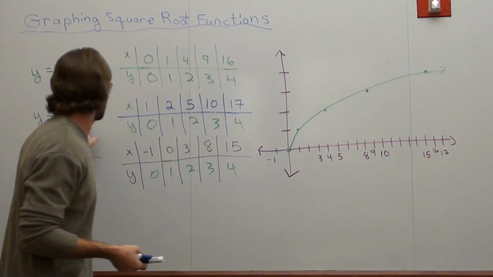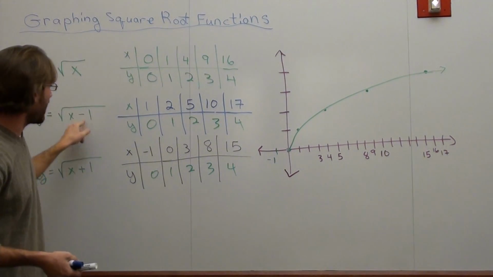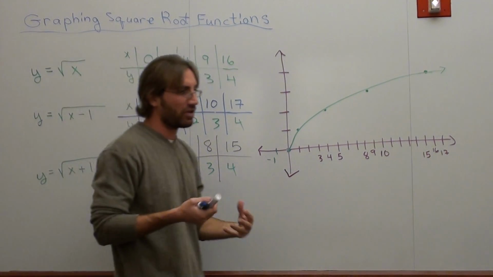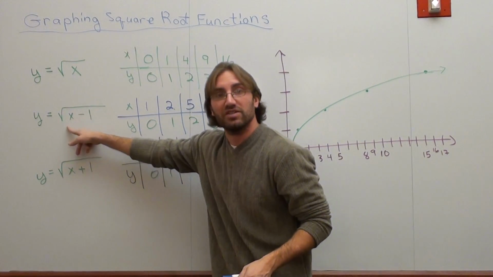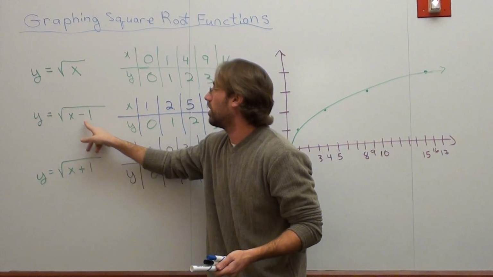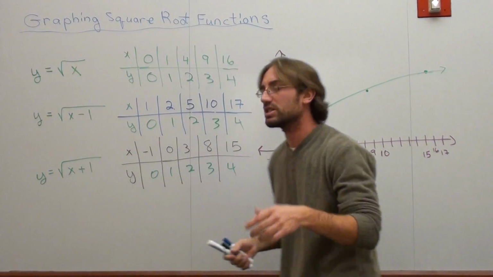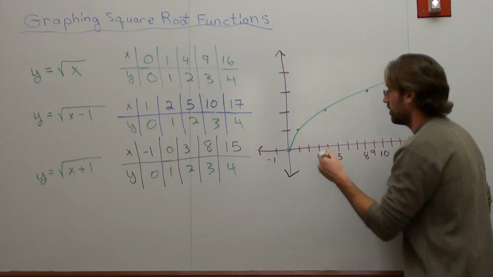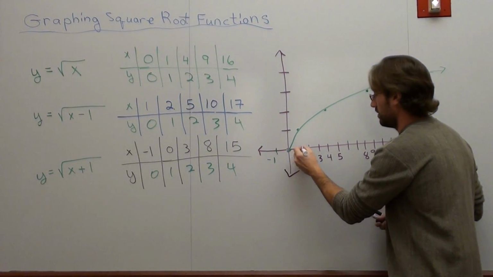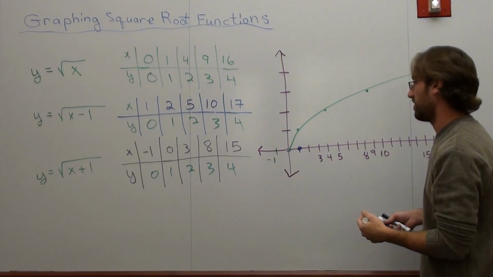Now I'm going to look at this next one where it's subtracted by 1. What basically happens is this. If you want to figure out where a square root starts, you take the opposite number and divide by the number in front of x. So 1 divided by 1 is 1. Its starting spot is going to be at, in blue, 1. It's basically the same thing.